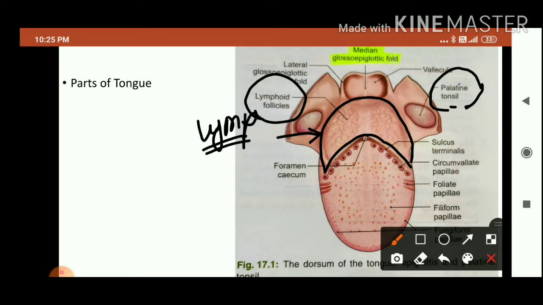Okay, after this we have another region which is known as the posterior most region. But before going there, let me tell you what the position of each region is, that is the anterior region and the posterior region. Remember that this anterior region is basically present on the floor of the oral cavity. Yes, on the floor of the oral cavity.